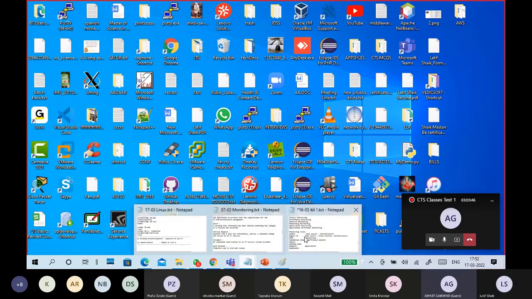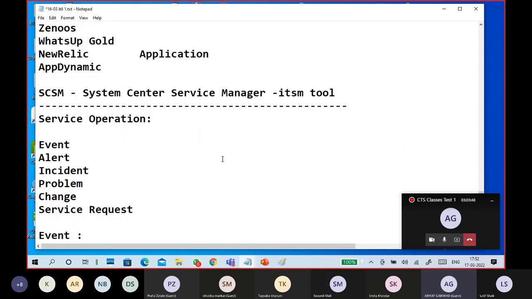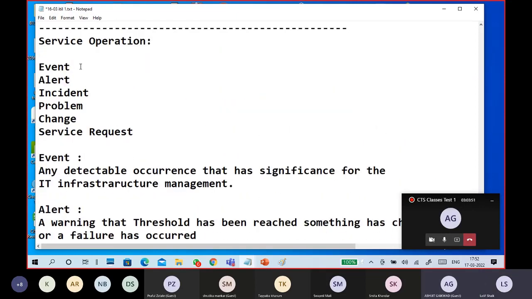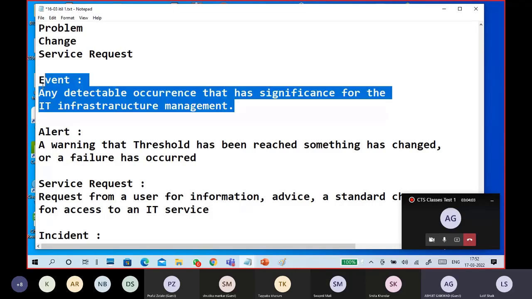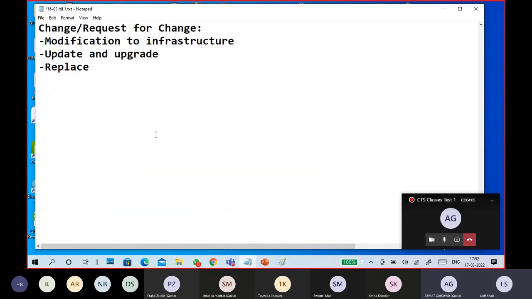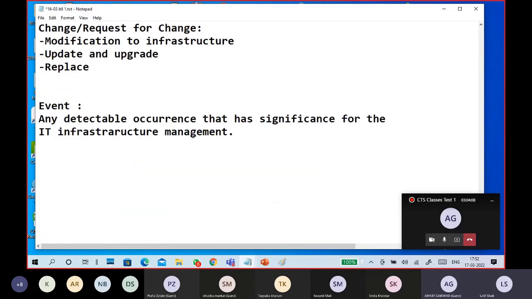Next, I'm starting with the event. What is an event? Any detectable occurrence that is significant for IT infrastructure management. When you are monitoring something, events will occur. Events can be information. Usually a successful event we call information.